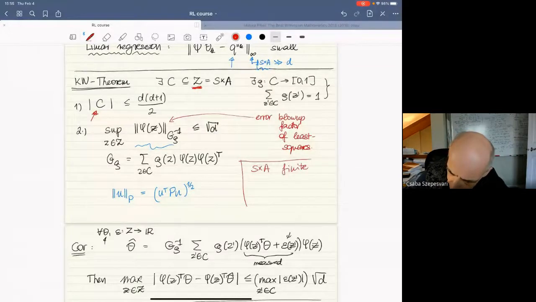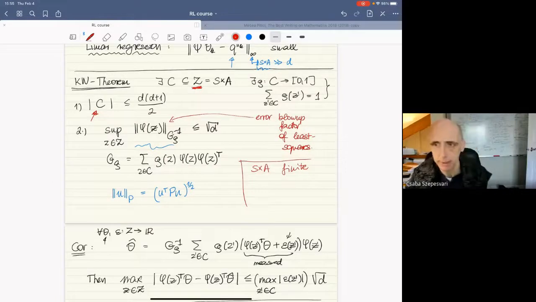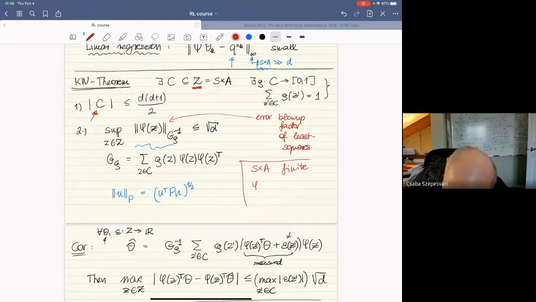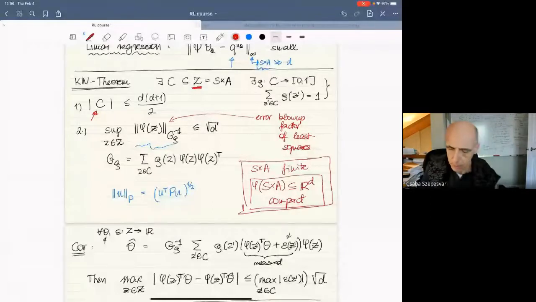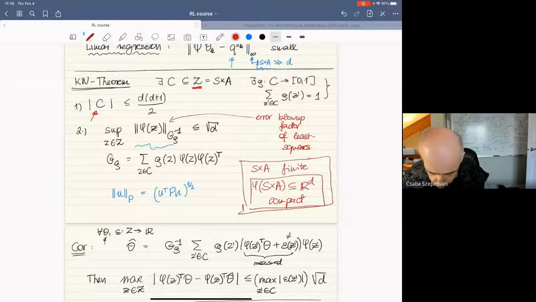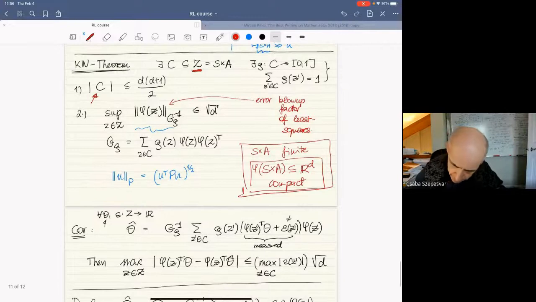In fact, this is not a necessary condition for the Kiefer-Wolfowitz theorem, but it's sufficient for this theorem to hold. The only condition that you would need is that the image of this set under the feature map as a subset of R^D is compact. That's the only condition that the general form of the Kiefer-Wolfowitz theorem needs. There's absolutely no convexity here. Maybe you're confusing it with something else.